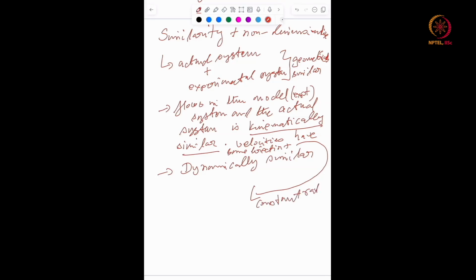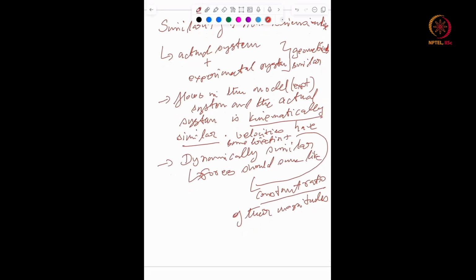Remember, it is the ratio of their magnitudes. Here, the forces should be the same as velocity, which means the same direction but a constant ratio of their magnitudes.